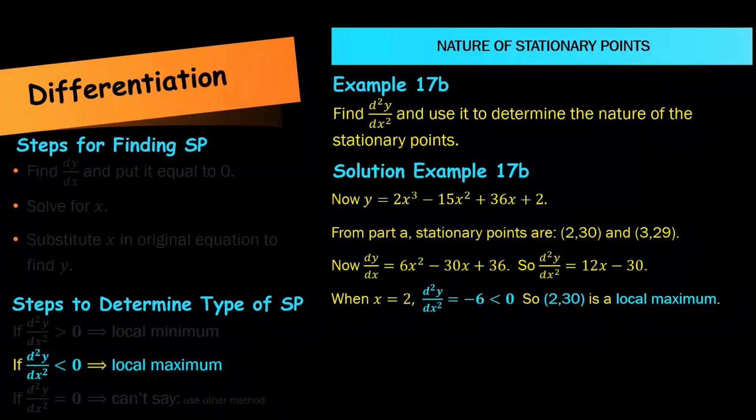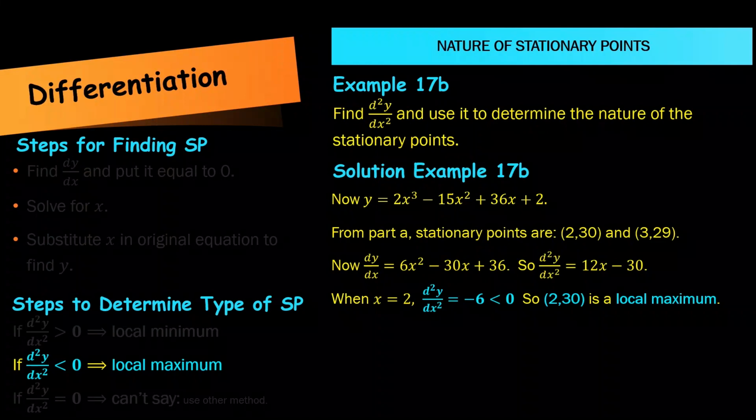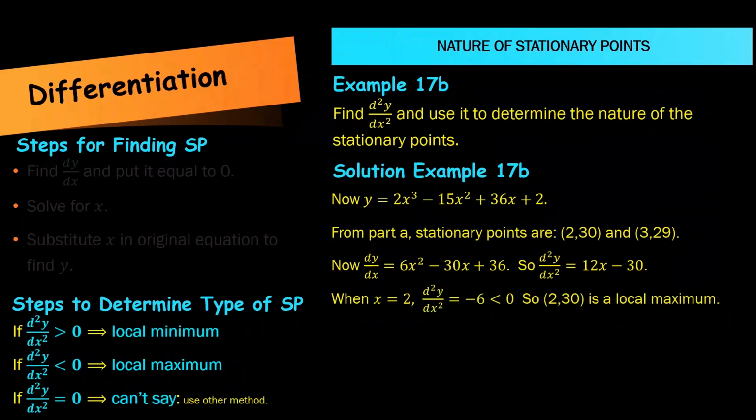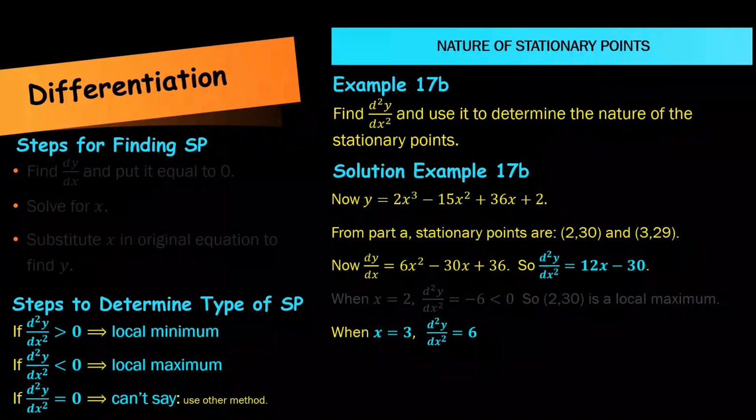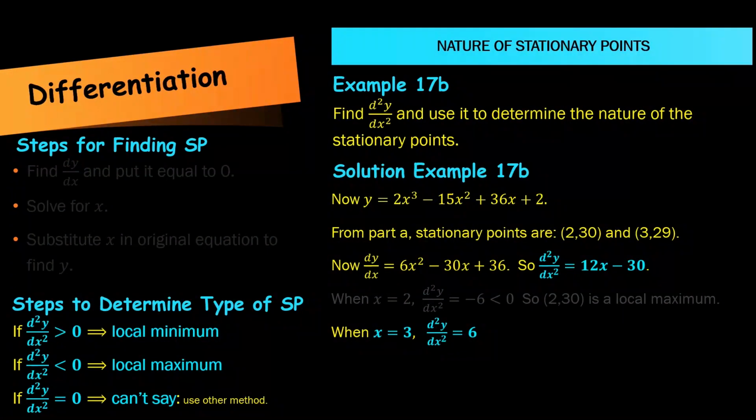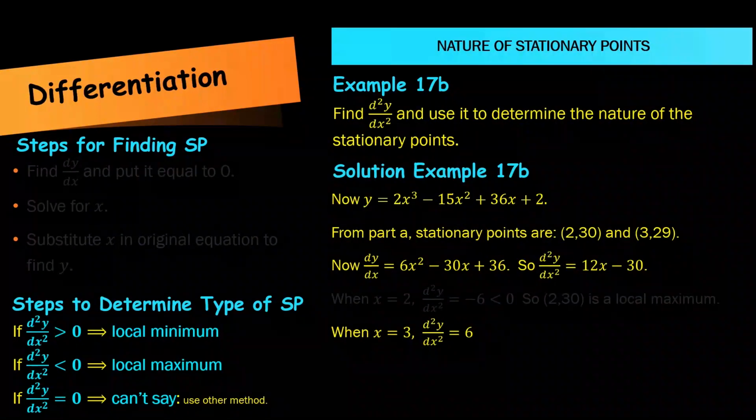Now when x equals 3, d2y dx squared equals 6. Clearly this is positive. And therefore (3, 29) is a local minimum.